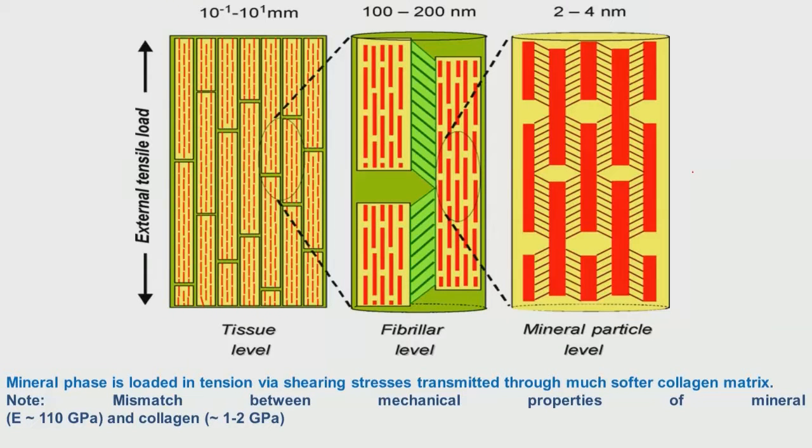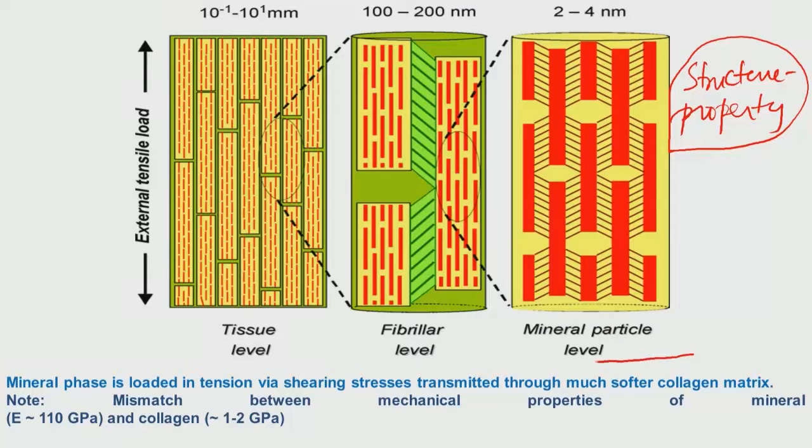Okay. Now, let us understand a little bit about the bone mechanical properties, or what I have mentioned earlier, the structure property correlation. So, let me recall the structure of the bone at different length scales, and if you look at these different length scales, typically the length scale increases along the arrow.